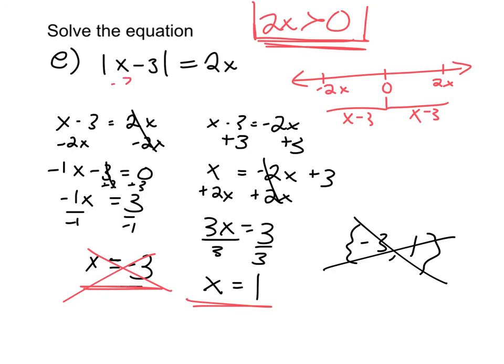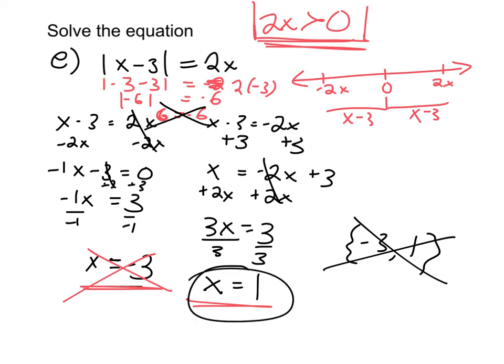You would have negative 3 minus 3, okay, equals 2 times negative 3, which is negative 6. Negative 3 minus 3 is negative 6. So you get the absolute value of negative 6 equals negative 6. But the absolute value of negative 6 is 6. So 6 equals negative 6. That is not true. Okay?